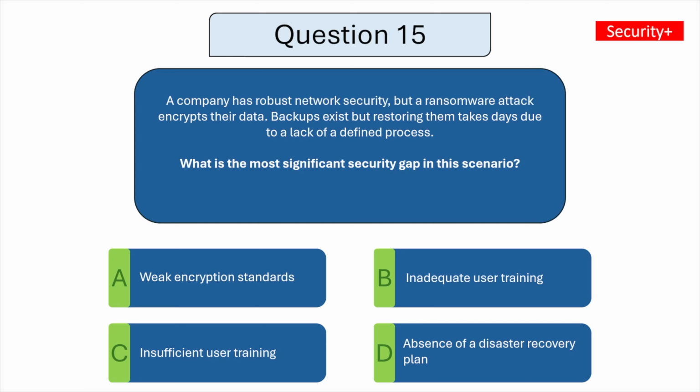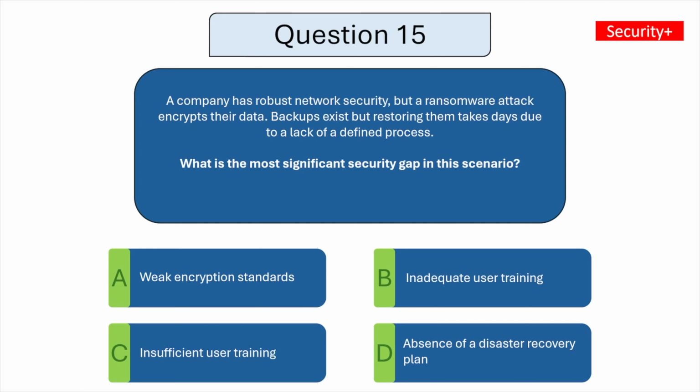Okay, so I want to mention something here. It doesn't really have anything to do with the exam, but every business or organization should assume that an incident will happen. The only variables are when, the severity, and how they respond, right? Now, this scenario states that there's a problem with how they restore their backups.